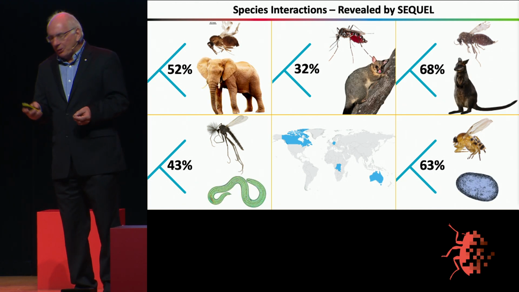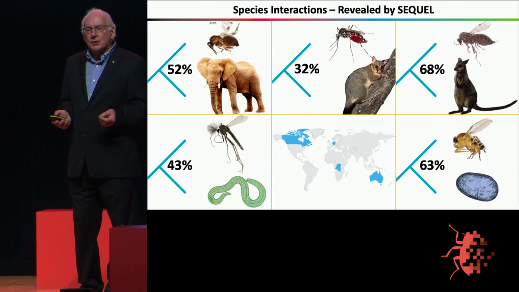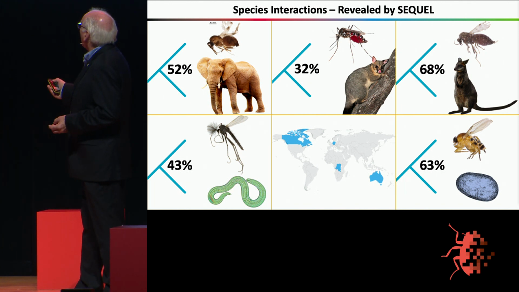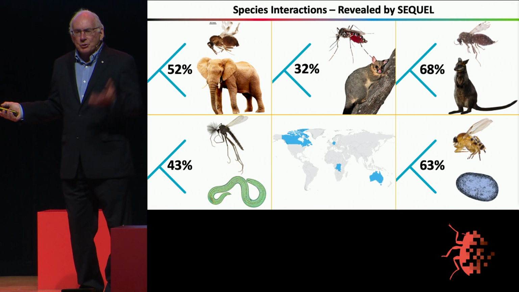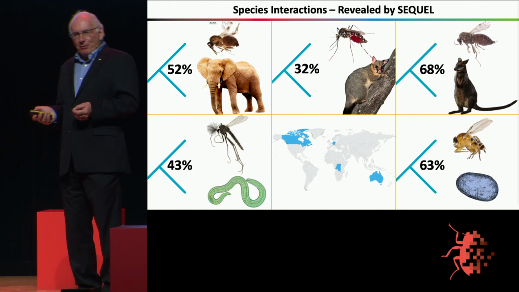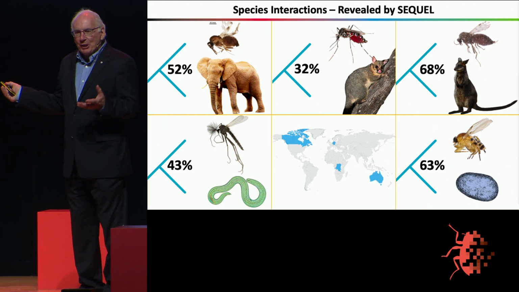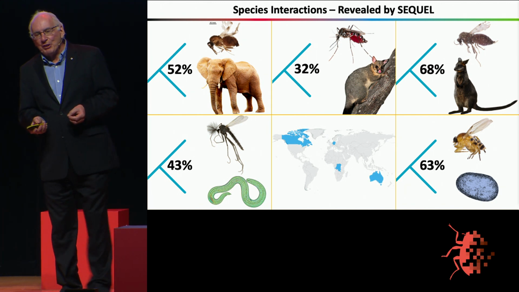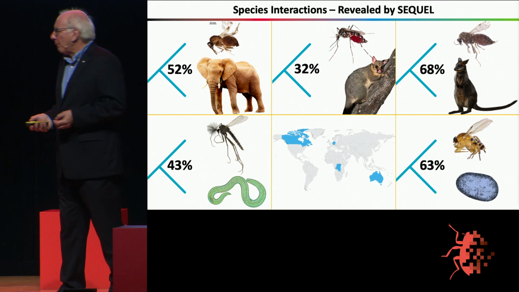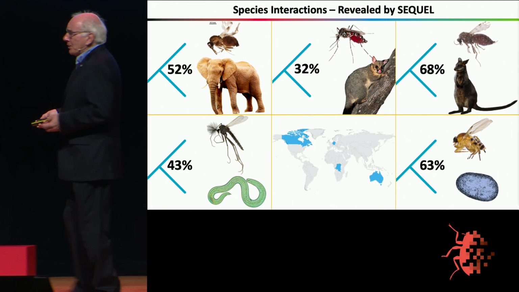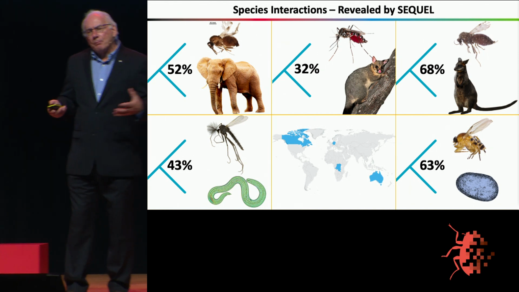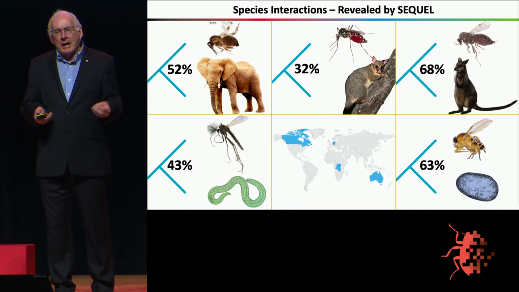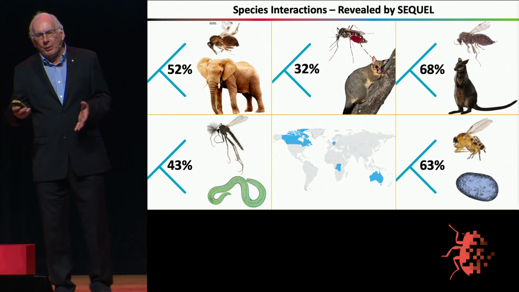When you take a look at those sequences, they're showing us the symbiome, the interactions of those species. This little midge was from Africa, happily. It wasn't from the Canadian Arctic, and it was feeding on elephant. And this mosquito from New South Wales was feeding on a brush possum, swamp wallaby, a nematode inside the chironomid. We're at a point where we're going to be able to reveal interactions between species in a whole new way.